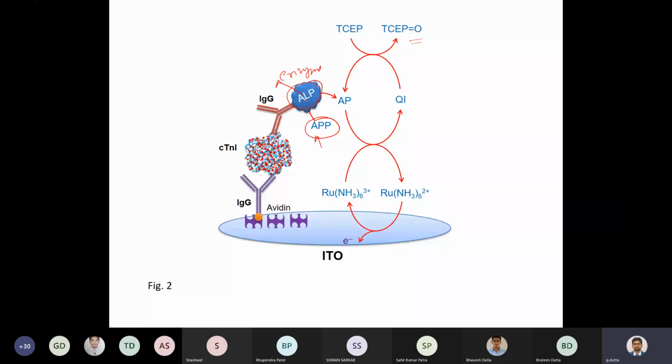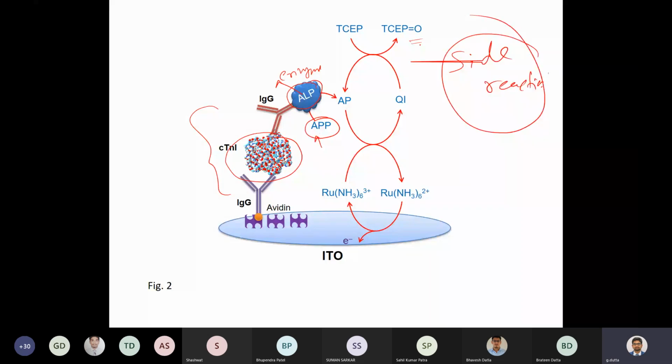Background means you are getting current not from the formation of the complete biosensor but from a side reaction. This kind of side reaction can cause high background.